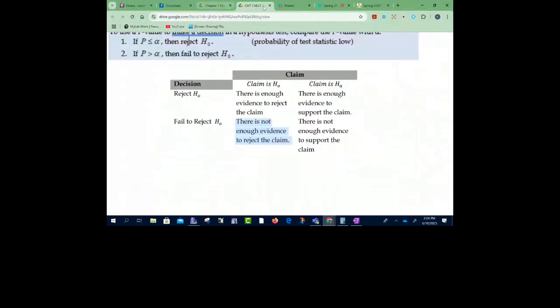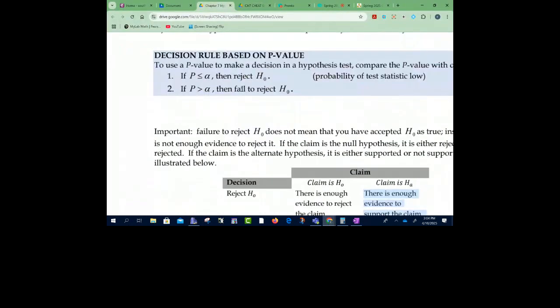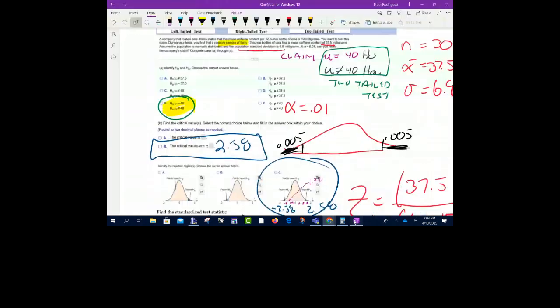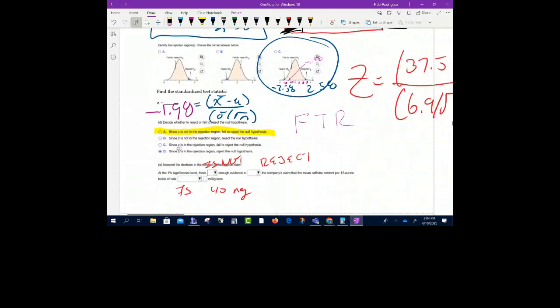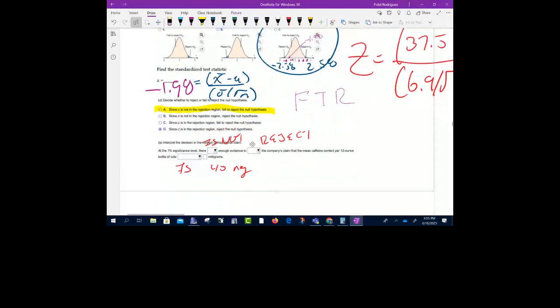So let's come back here real quick. What do we say if P is bigger than alpha? Did we say we were going to fail to reject? Isn't that what we did? We failed to reject, right? So you'll say it's not in the rejection region, so we're going to fail to reject, right? You're still going to do that part. So yeah, you can do it like that too. You can definitely do that.